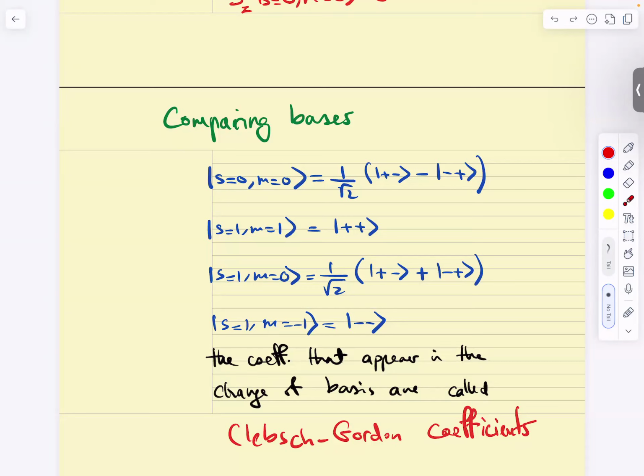This is called direct sum. To contrast it with direct product, sorry, tensor product: tensor product is when the dimensions of the Hilbert spaces multiply. Direct sum is when they add.